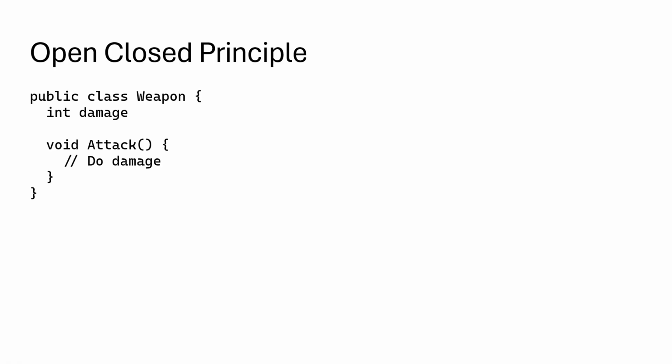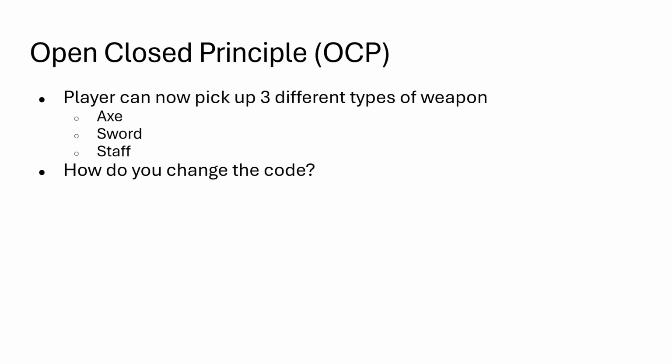So say in this scenario, I have a weapon class for my player, and it has a method that does damage by attacking. In the original design, your player can pick up 3 different types of weapons. It can take up an axe, a sword, or a staff.